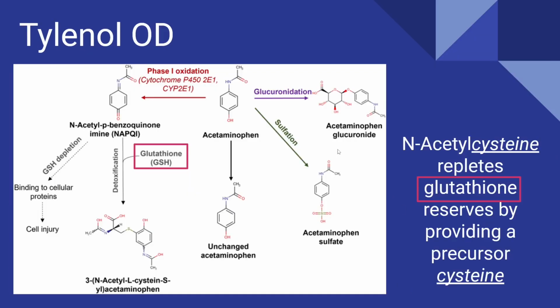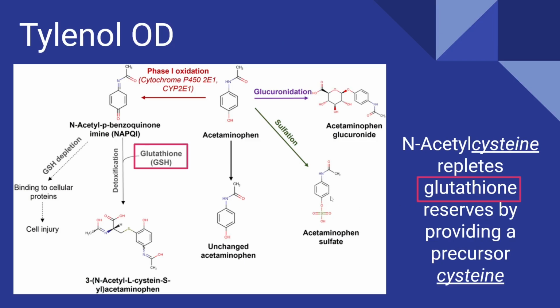So when we look at a more acutely ill liver failure patient, specifically a Tylenol overdose, what we're looking at is the depletion of an enzyme's ability to break down Tylenol. So normally Tylenol is broken down by N-acetylcysteine, and it uses something called glutathione.